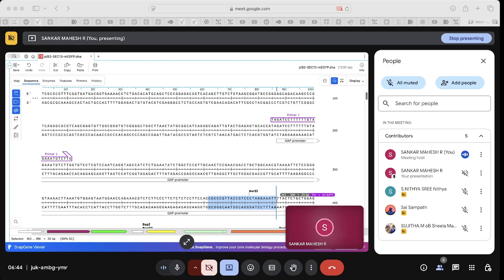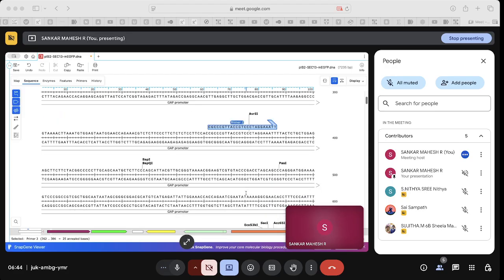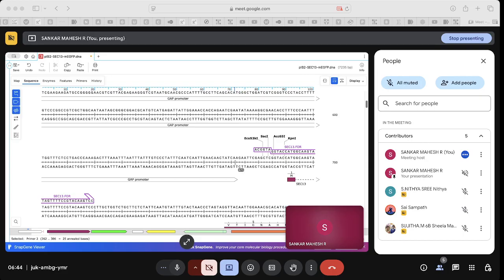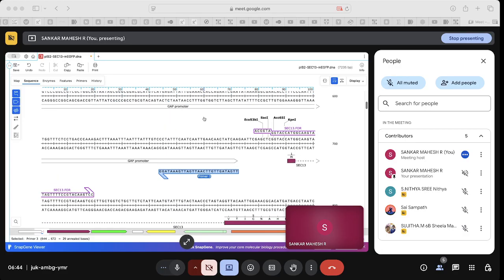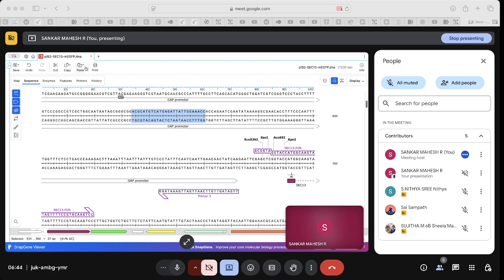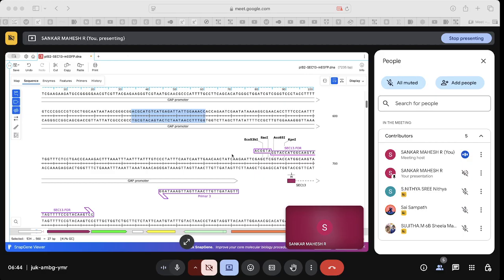Now if I add one more primer here, again in the top strand, this is primer 2. This will be my primer 3. This will be my primer 4.